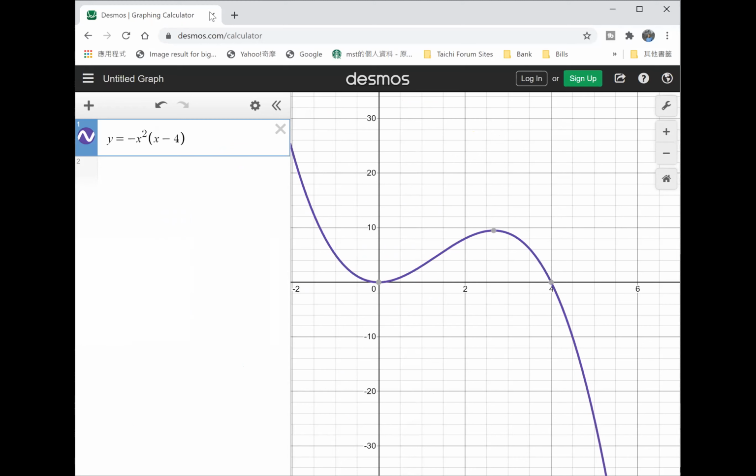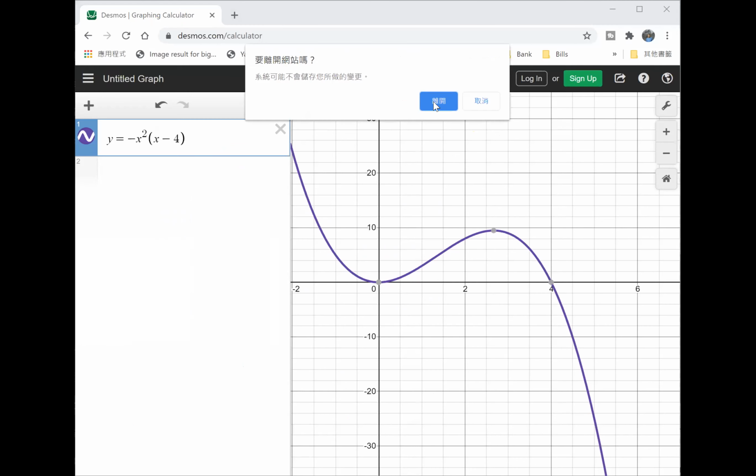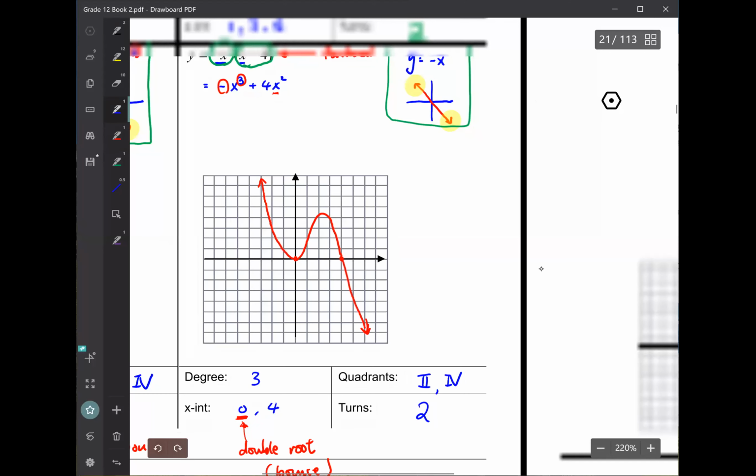All right, one last thing before we have a break. Sometimes you could get a triple root. Let me share the screen again. So this one. I want you to make a note on the side, at the corner here.